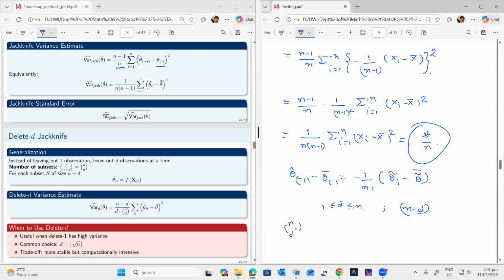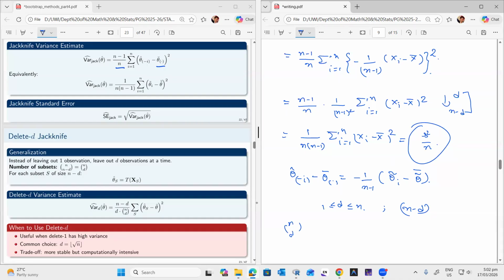This is since choosing the d to delete is equivalent to choosing the n minus d to keep. Either you delete d or you choose n minus d, both are the same thing here. In this case both of them are the same, so that's why we are using nC(n minus d) equals nCd.